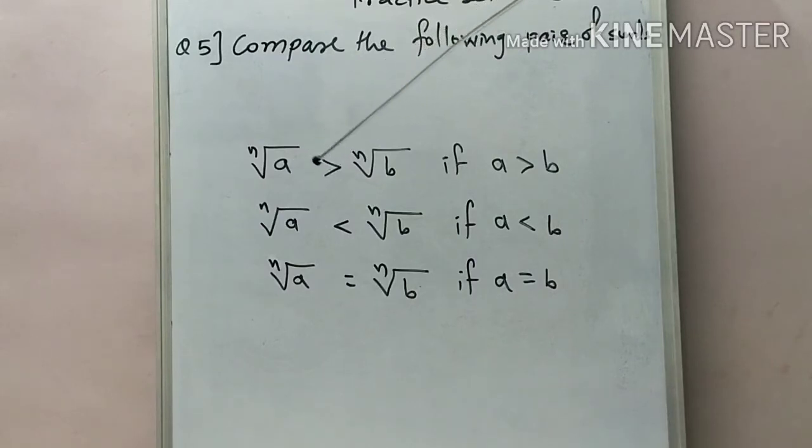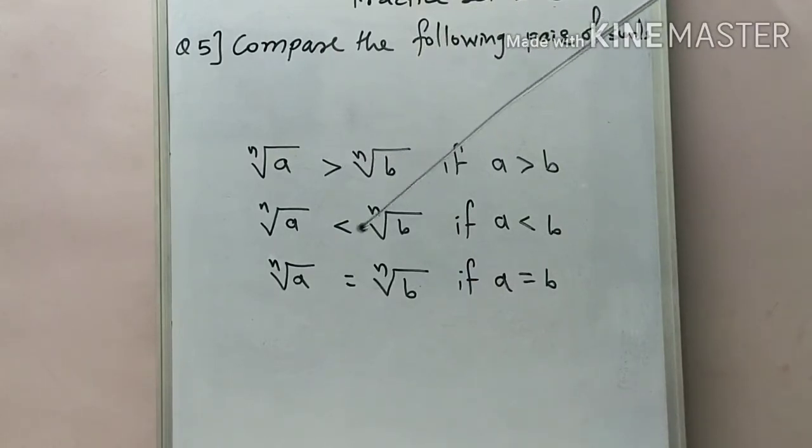If you are given two surds, nth root of a and nth root of b, then we can say nth root of a is greater than nth root of b if a is greater than b. Means the order must be the same and we compare the radicands, and if a is greater than b, then the nth root of a surd is greater than the second, nth root of b.